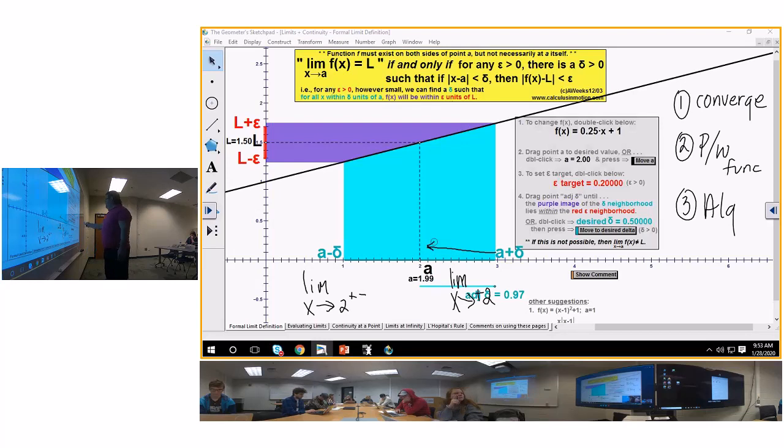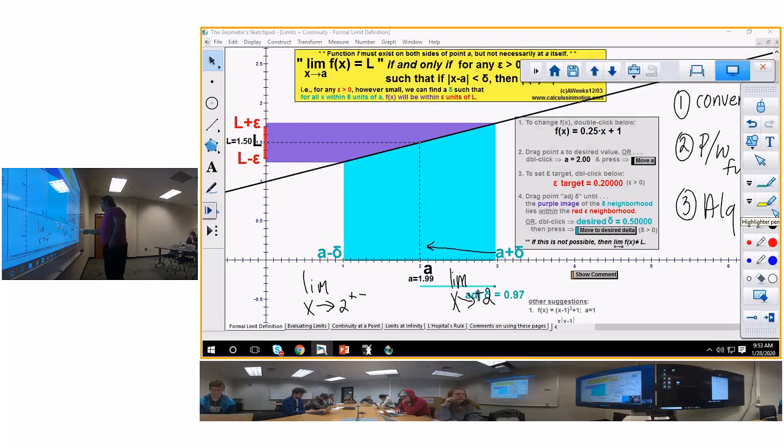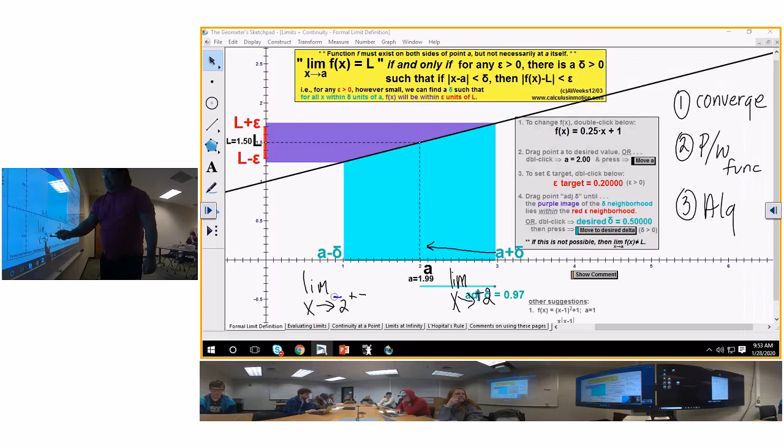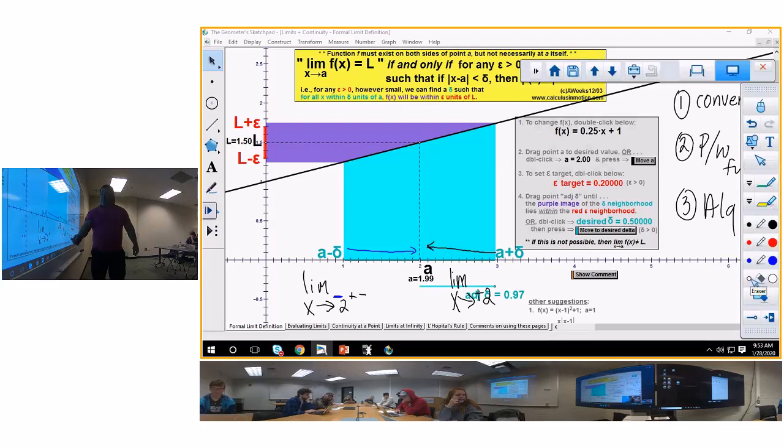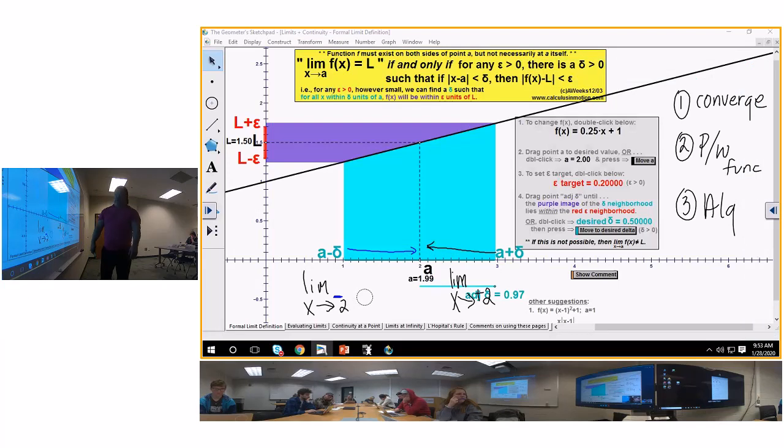If I say limit as x approaches 2 from the left, that will be coming from this direction. Either way, the answer to the limit as x approaches 2 from the left and x approaches 2 from the right, the answer is what?